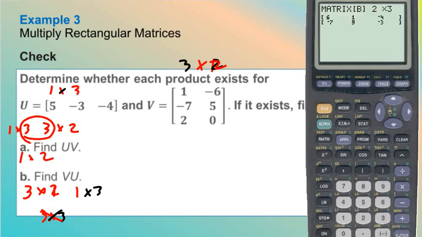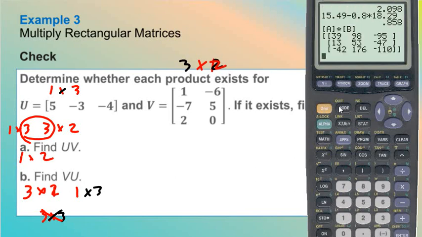This one is a 3 by 2. Type those numbers in, so 1, negative 6, negative 7, 5, 2, 0.